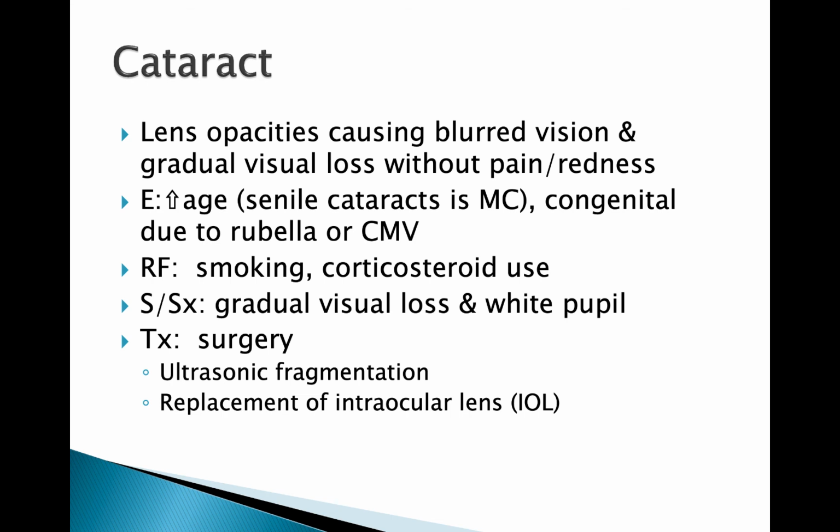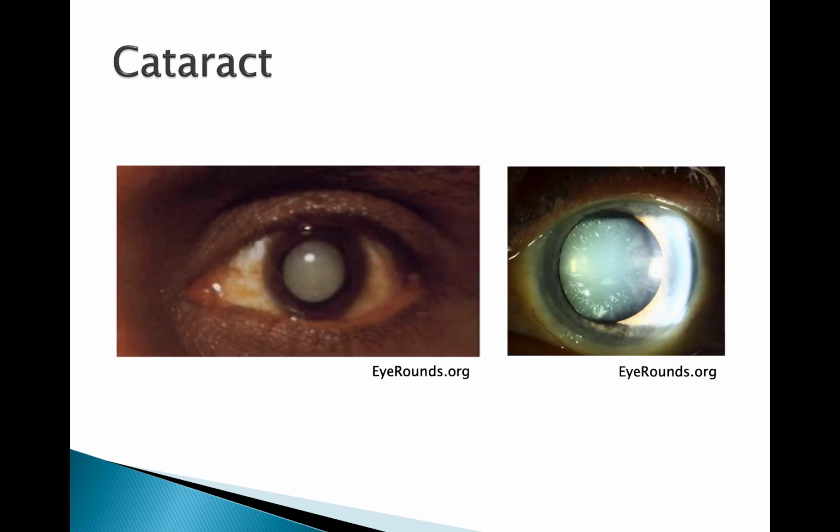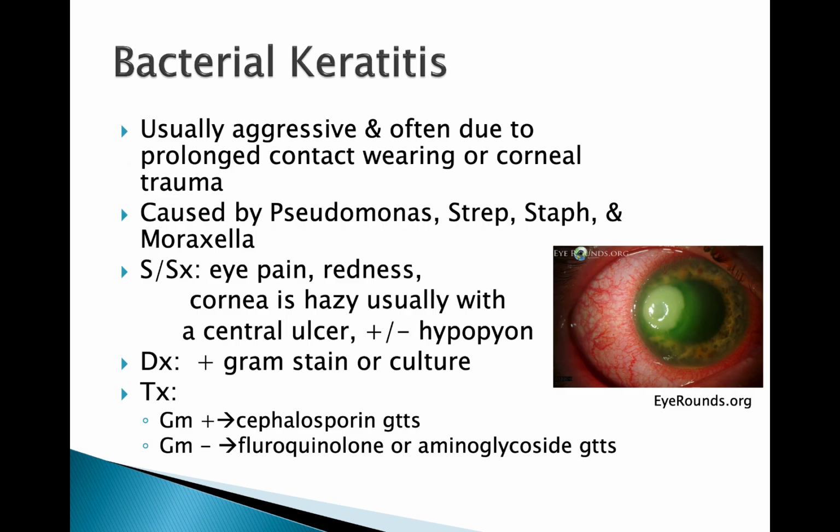Unfortunately, you'll see this a lot in third world countries, and this will lead to blindness generally in those areas because they don't have access to this easy surgery. So here's an example of a cataract, and you can see the white opacification of the lens.